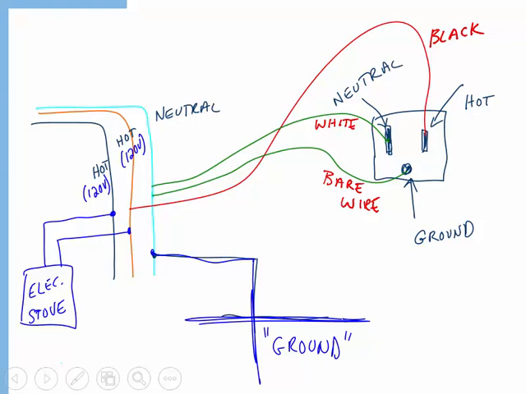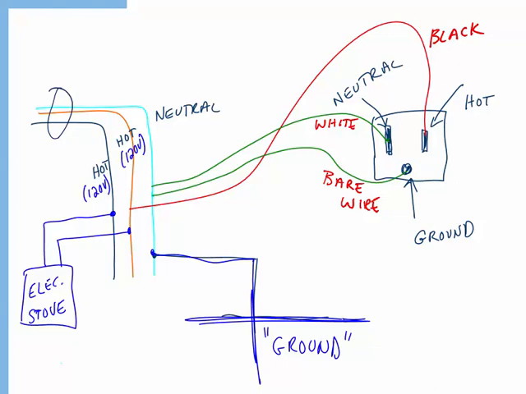Okay, so how are things actually wired? So again, as I mentioned previously, coming in from the power company are actually three wires: two different 120 volt wires, and then what's called the neutral wire.